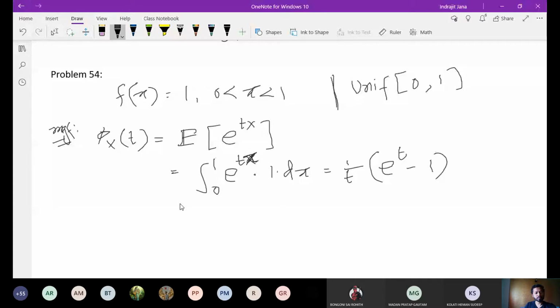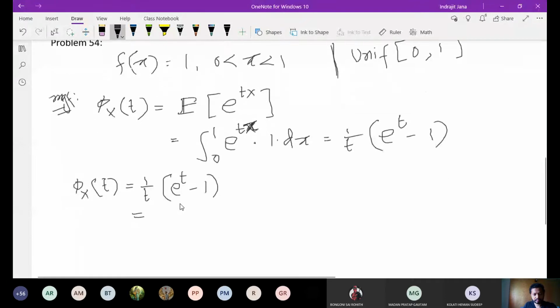Okay, and the moments, right? So we differentiate this to get the moments. By the way, let me rewrite this. The MGF, which is phi X of t, is 1 over t times (e to the power t minus 1). The expansion of e to the power t has 1 plus t plus t square over 2.